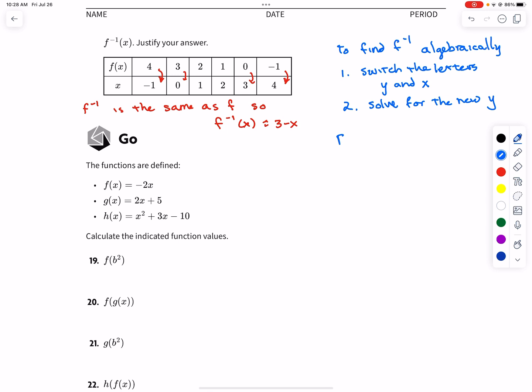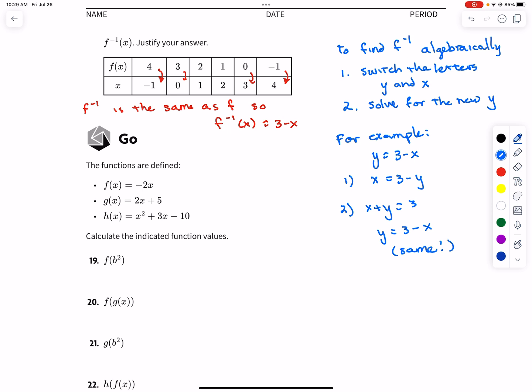So for example, with 3 minus x, first step is always the easy step. Second step, I'm going to add y. And then finish solving for the new y. Oh, look, it's the same. A little note, most functions are not the same as their inverse.